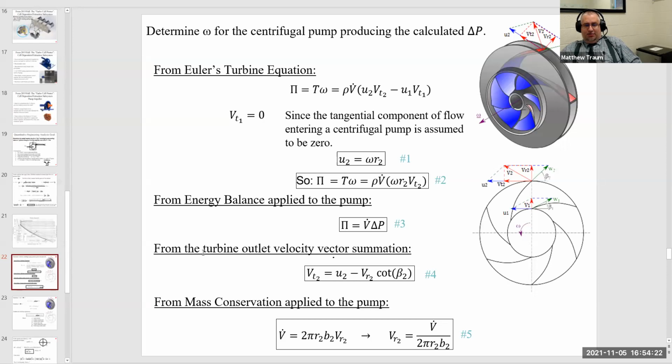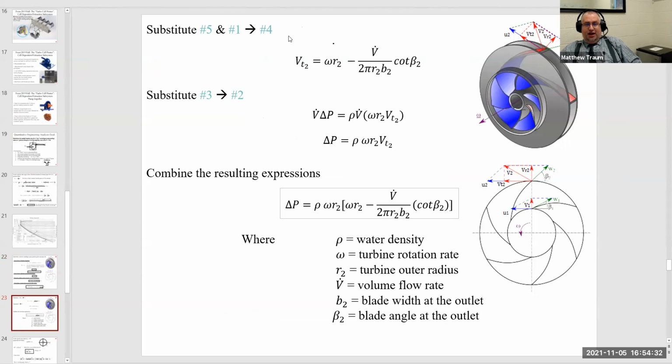They converted the energy balance into velocity vectors using vector summation, and ultimately inserted the mass conservation equation into their overall expression to pop out an expression that relates the change in pressure to the viscosity and to other physical parameters of the pump, right?